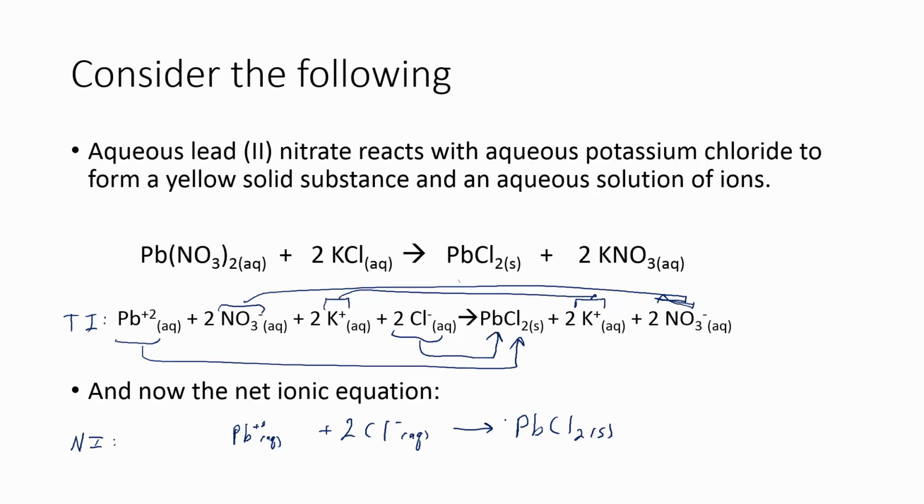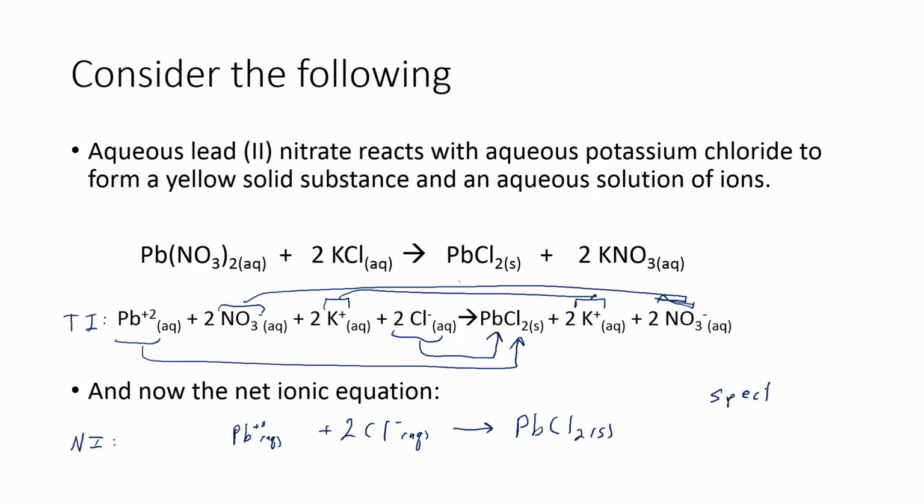The potassium ions float around and the nitrate ions float around, but they're not really attaching to anything differently. They're pretty much exactly the same as they were in an aqueous solution as potassium chloride and lead nitrate. In fact, any lead salt that's soluble and any chloride salt that's soluble will have the same net ionic equation.